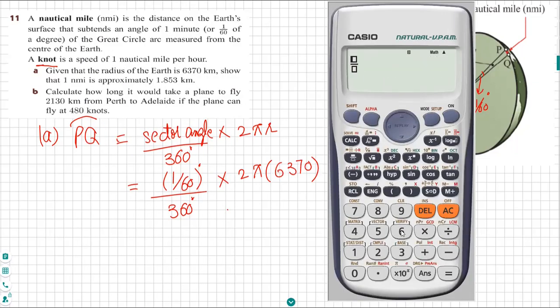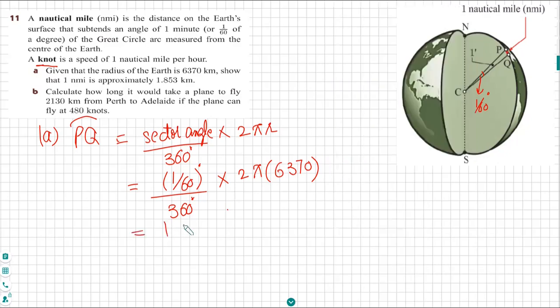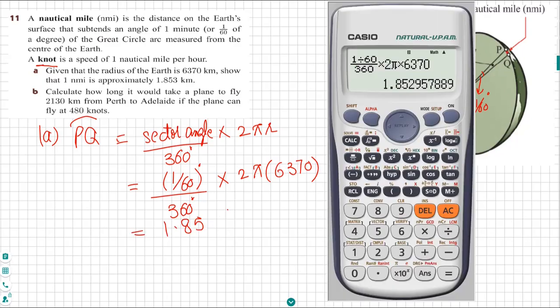It is 1/60. Then 360 in the denominator, then multiply by 2 pi into 6370. So we get 1.853 exactly, approximately 2958.